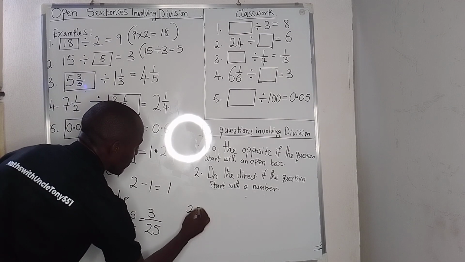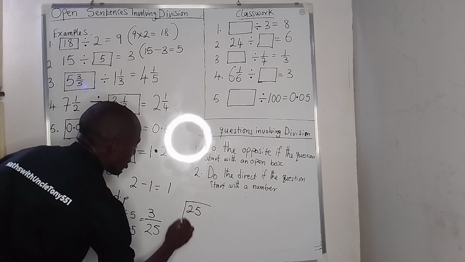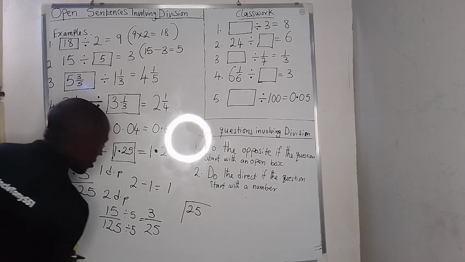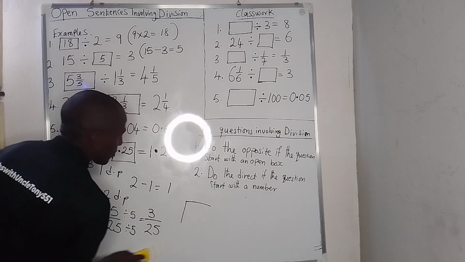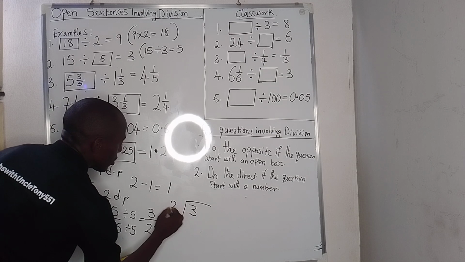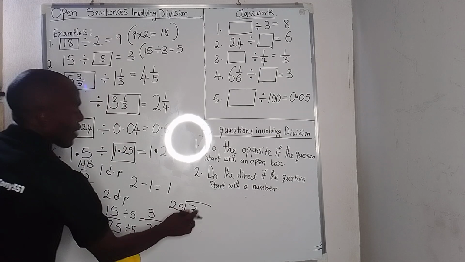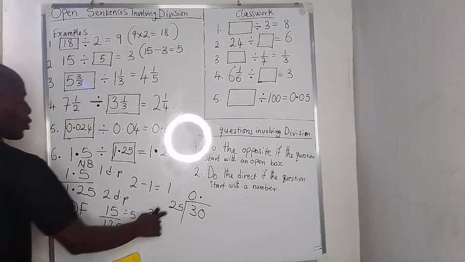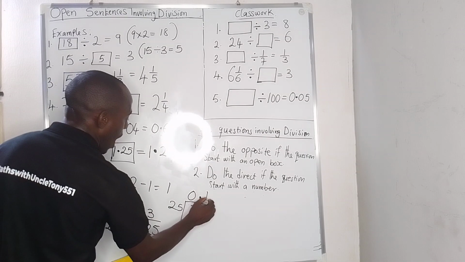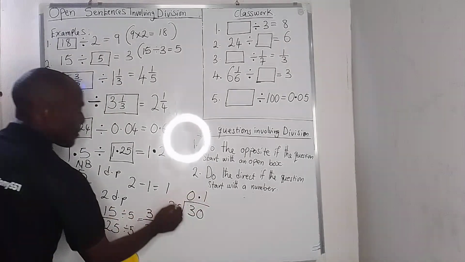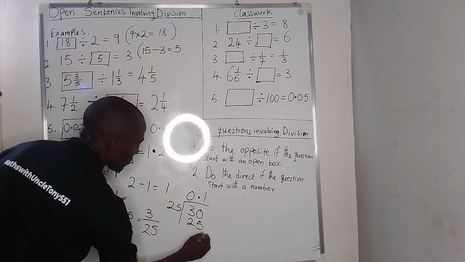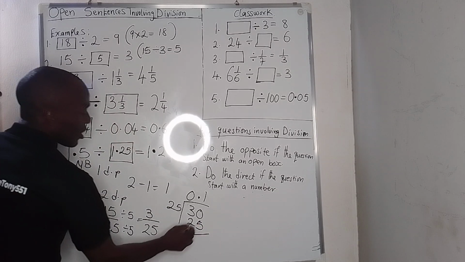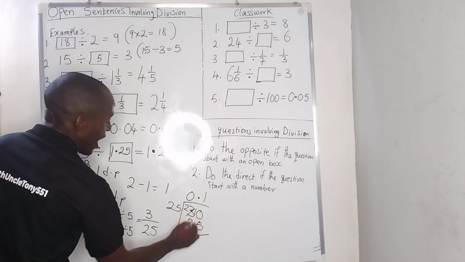We have 25. 3 goes inside, then 25. 25 into 3 cannot, put 0, put point, add 0. 25 into 30 gives us 1. 1 times 25 is 25. We subtract.